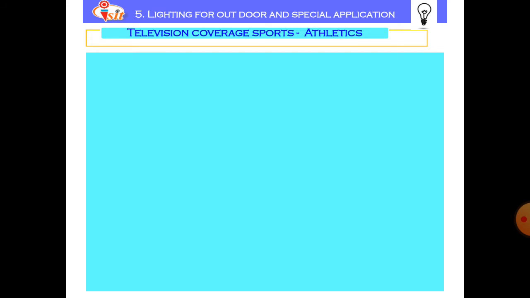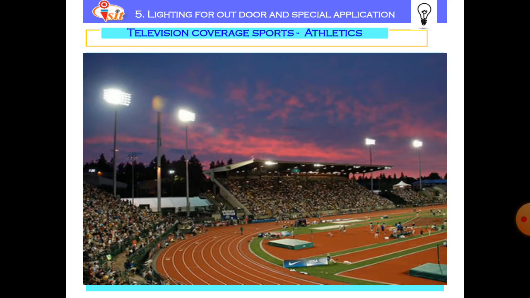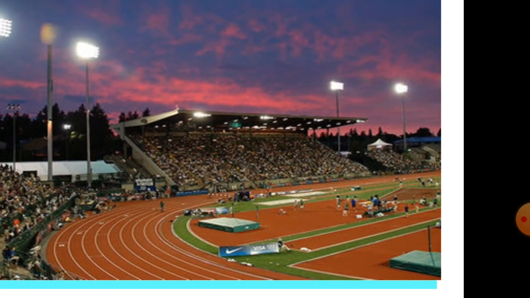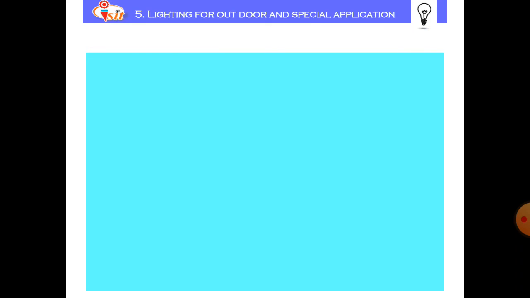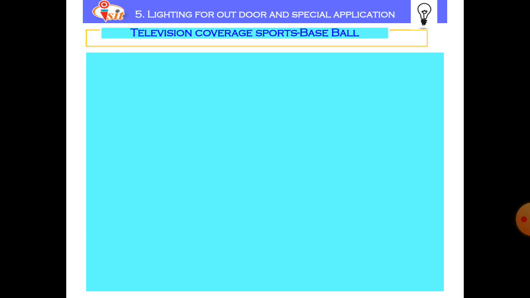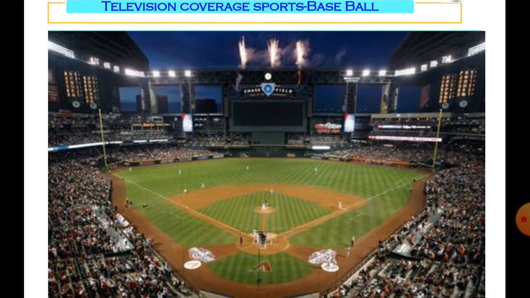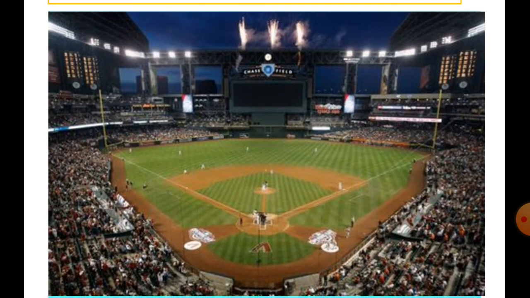Now for athletics, see the level of illumination on the athletic ground. For baseball, they have floodlights, a tower of floodlights, and a screen also included in the ground.